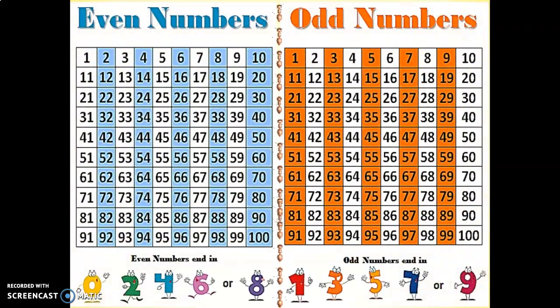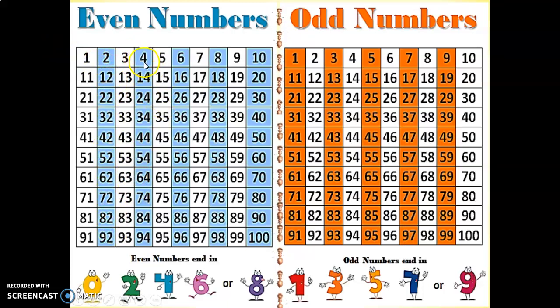Now let me show you this number chart of even numbers and odd numbers starting from 1 until 100. Remember that even numbers always end in 0, 2, 4, 6, or 8. From this number chart, the first column, colored light blue, all of these numbers end with number 2.